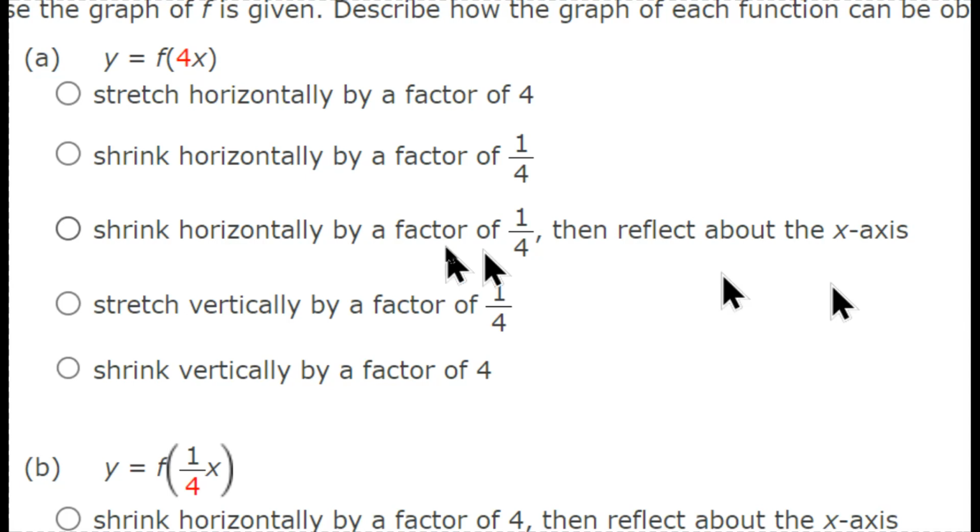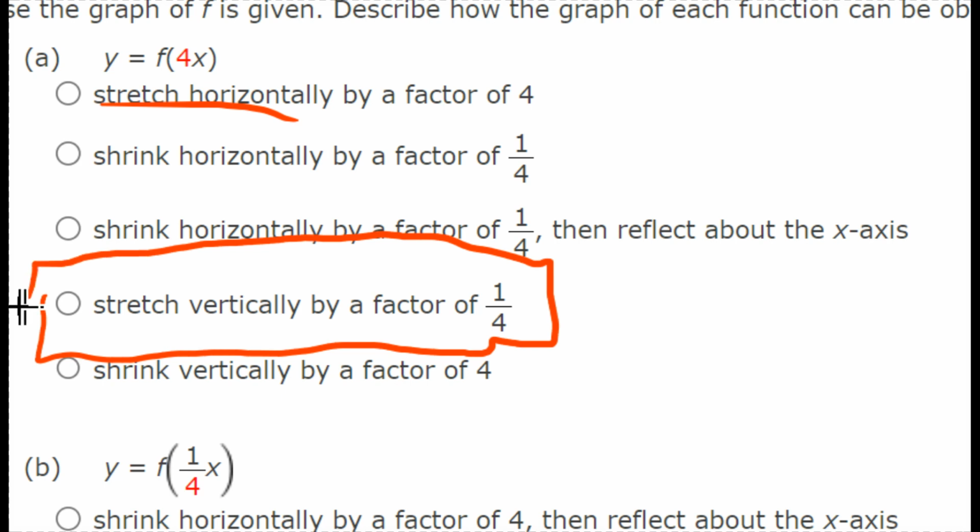So again, we have some language issues here. Clearly it doesn't stretch horizontally by a factor of 4. I would technically be okay with this, but I know it's not what they want.